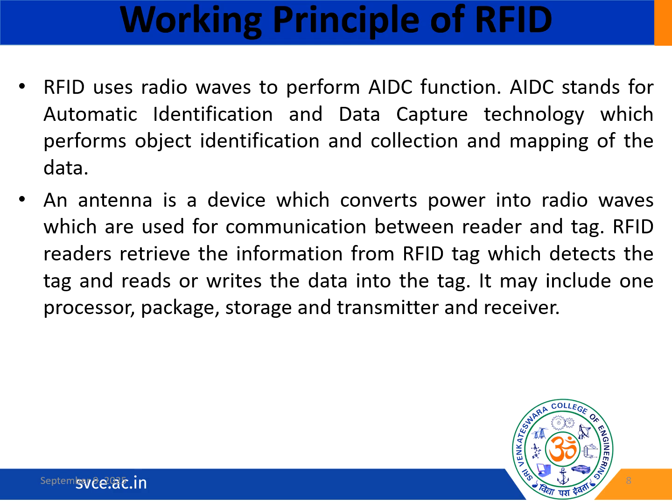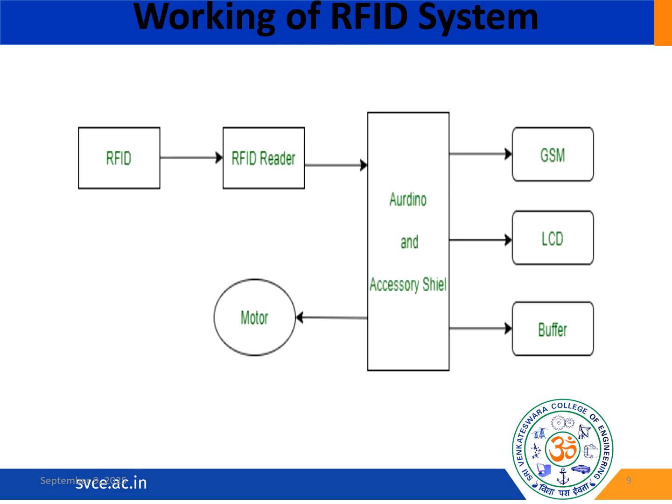When you consider this technology, it automatically identifies objects, collects relevant data and maps it into the digital system. This streamlines the process without any manual input. Here an antenna is a device which converts power into radio waves and is used for communication between the reader and the sender.